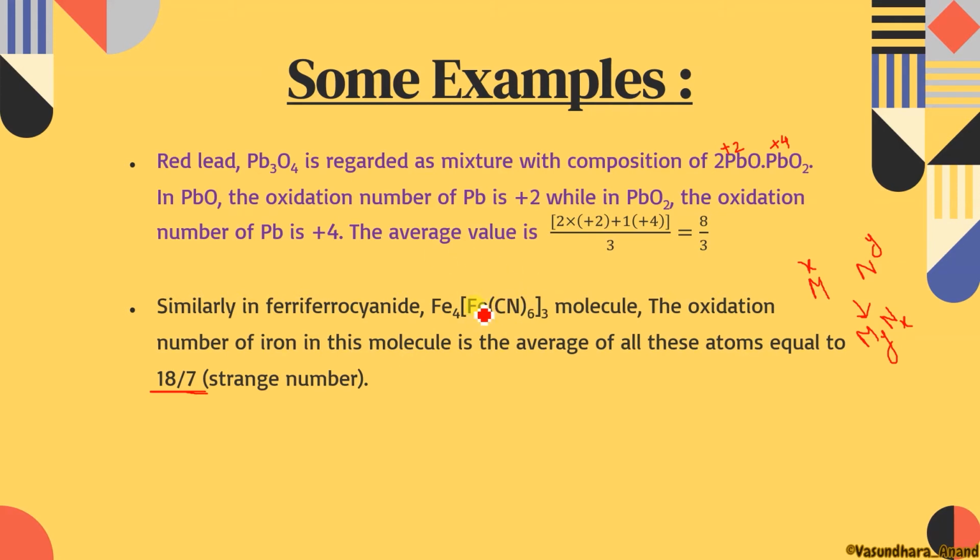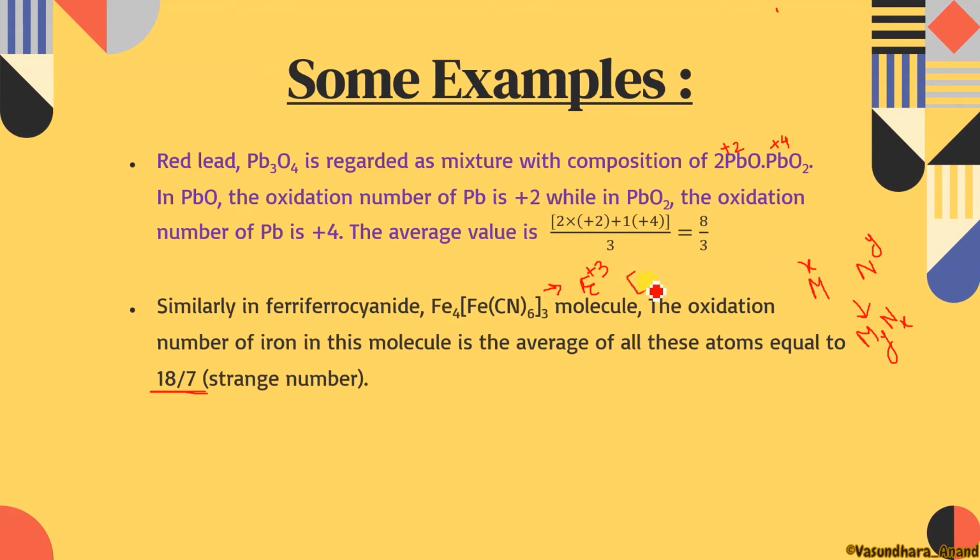Similarly, we will compare this. So can I say that this Fe has charge +3? Is it clear? This Fe has +3 charge. And this whole group has -4 charge, isn't it?